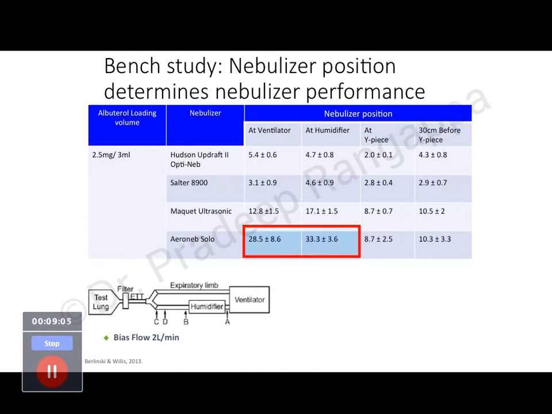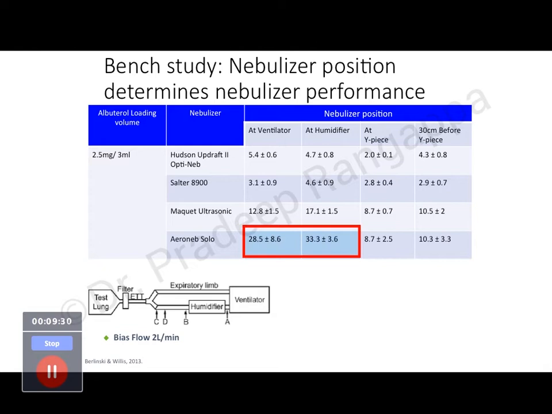So this is a small font, but in essence what you see is, the highest deposition of the aerosols was when it was kept at the ventilator or at the humidifier. So what you are hearing time and again is, the farther away it is from the ET tube, the better was the aerosol deposition into the lungs. And this is constantly seen in these studies. And as you see, this is the percentage.